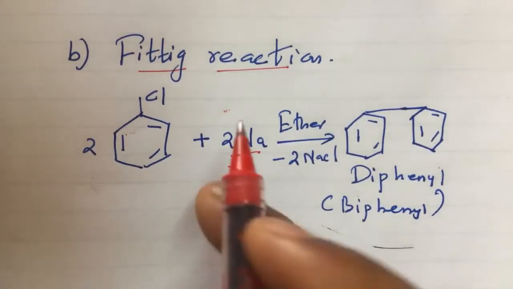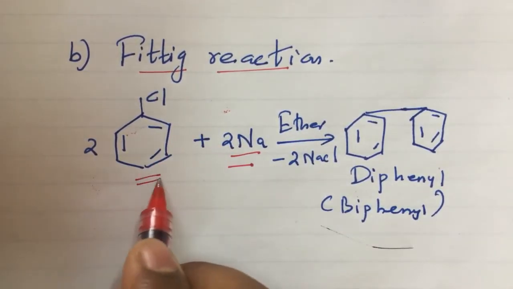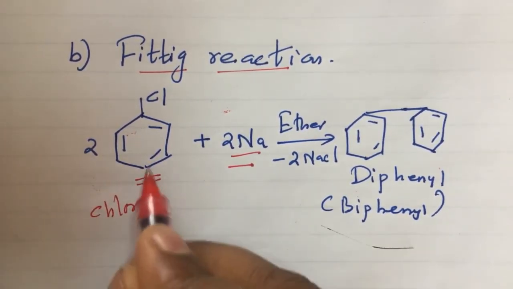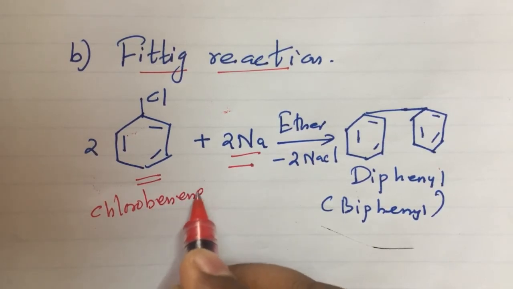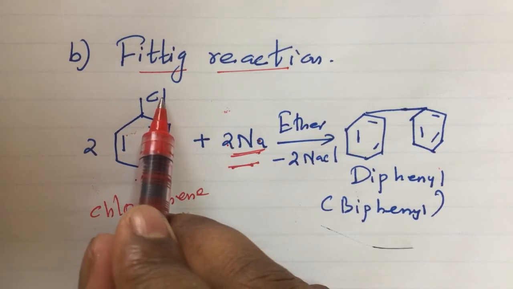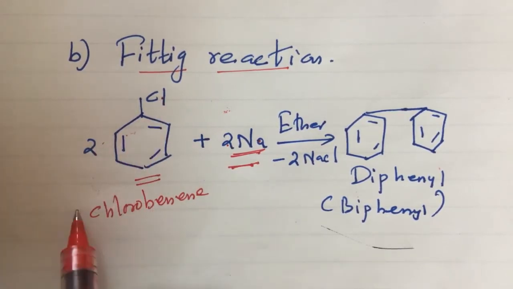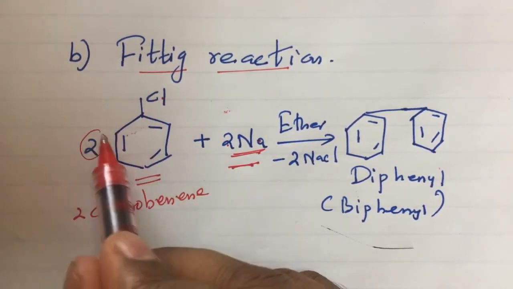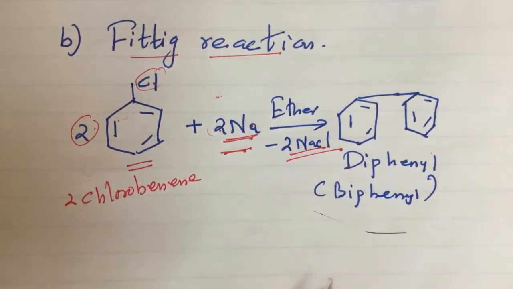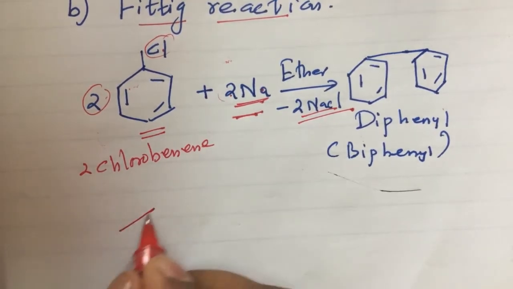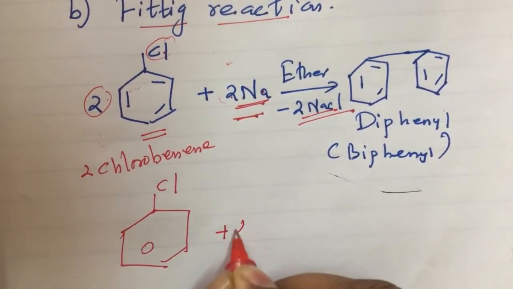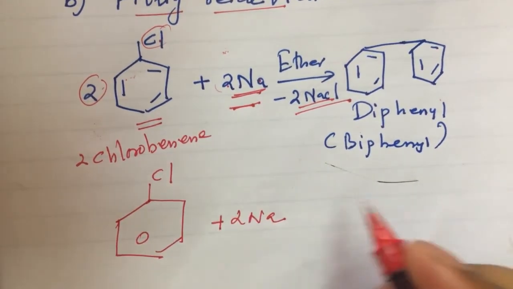In the Fittig reaction, the starting compound is only haloarene, chlorobenzene here in this example, with sodium. Then 2Na, two chlorobenzene, then two chlorines and 2Na form 2NaCl. We can write the reaction like this: one chlorobenzene, then 2 sodium.